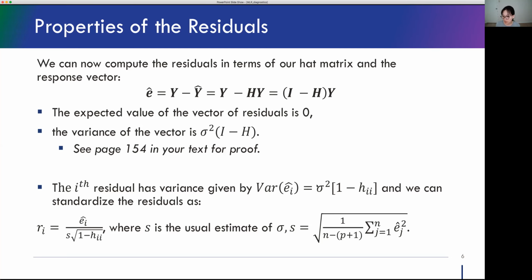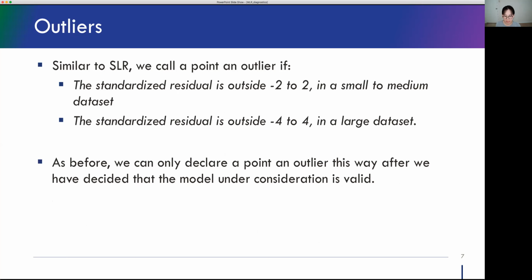Normally we do not know sigma, so we use the sample standard deviation S to estimate sigma. So this is the standardized residual, and S is the estimate of sigma. S can be calculated as this. Yes, this is about the standardized residuals.